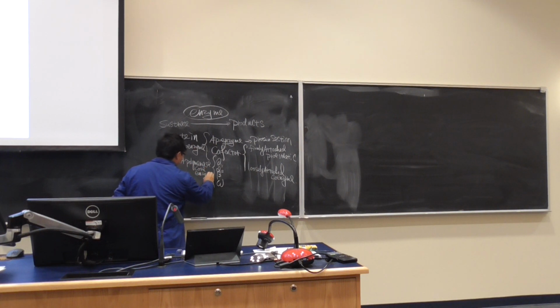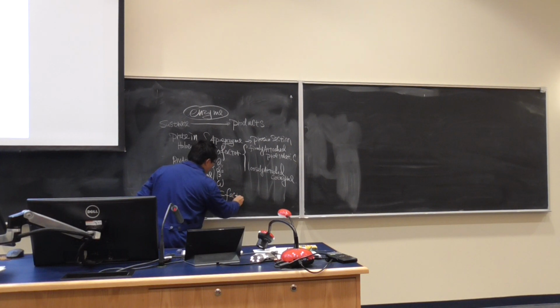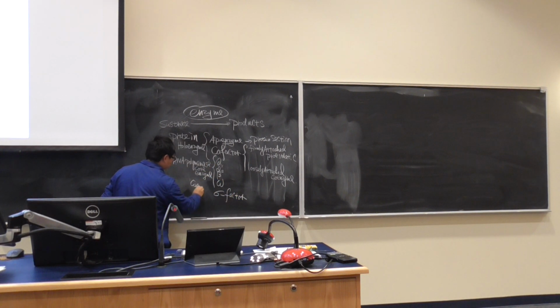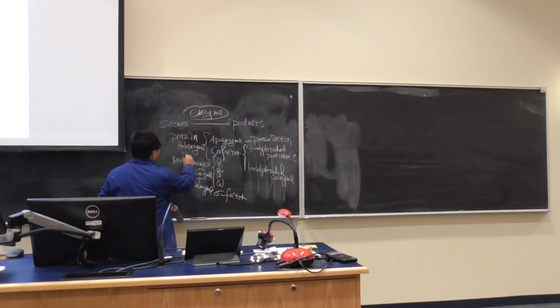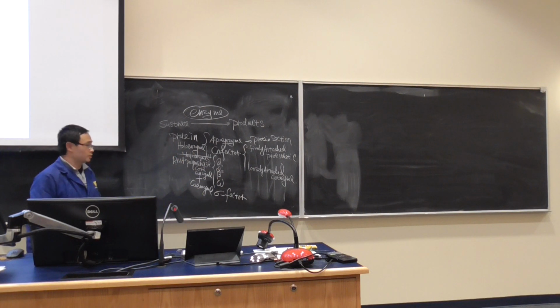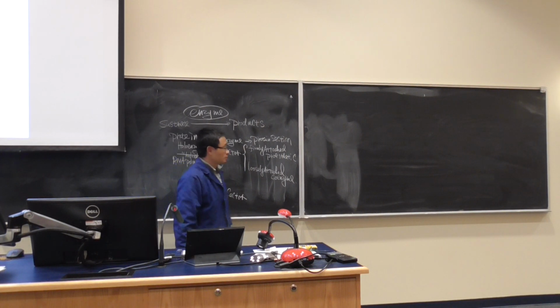And then we need a factor, the sigma factor. So we add up together, that is the RNA polymerase holoenzyme. But then people just remove the sigma factor, so it becomes the RNA polymerase core. So that is an example.